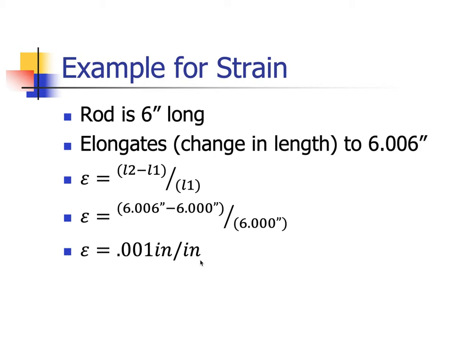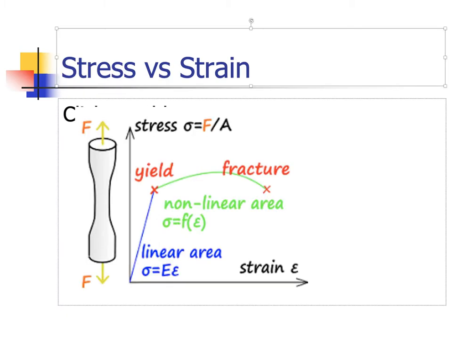So what does this all mean? Why are we using this? The next diagram we're going to look at is actually a graph: stress versus strain. That means that stress is on the y-axis and strain is on the x-axis.